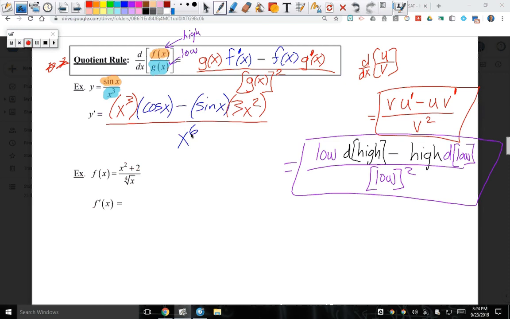What's the difference between a D and two brackets versus D over DX? Okay, this is the good question. This right here is just like a parenthesis. But this over here is saying the derivative of that top function. Okay? That D is like the derivative of the function.